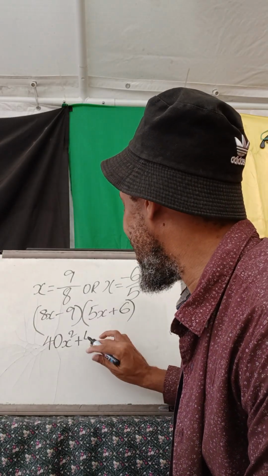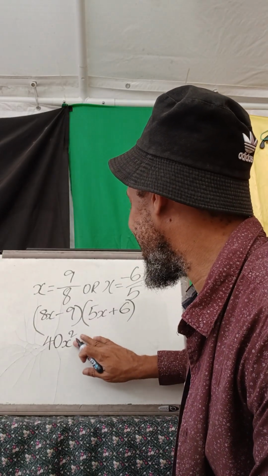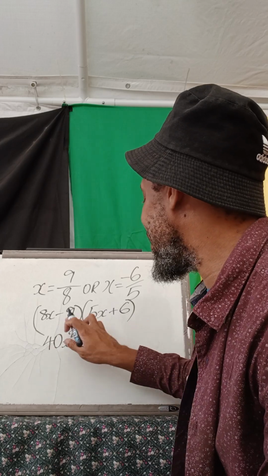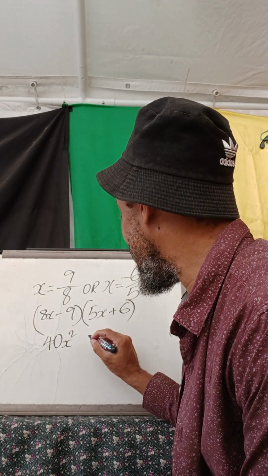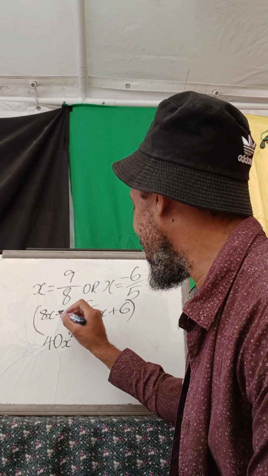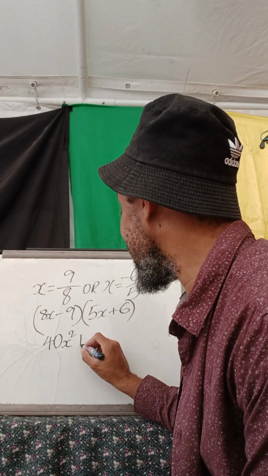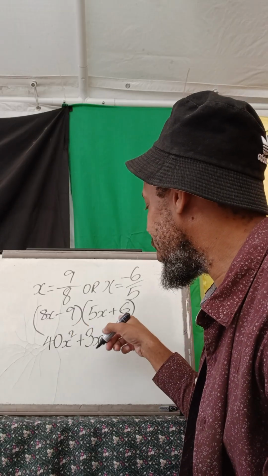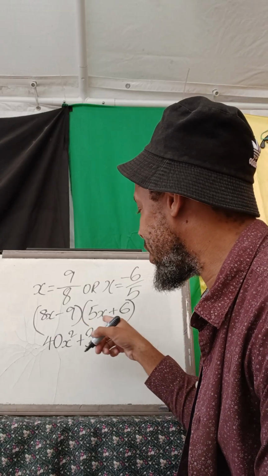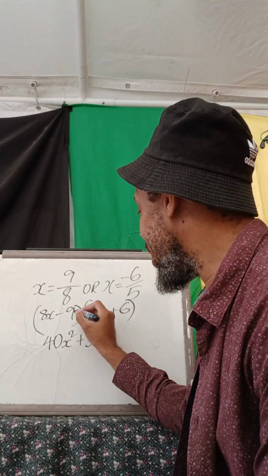So, 48 and 45, 48 minus 45, it's going to be a positive. You know why? Because the 48 is bigger than the 45, so it will be positive. But then, 9 times 6.